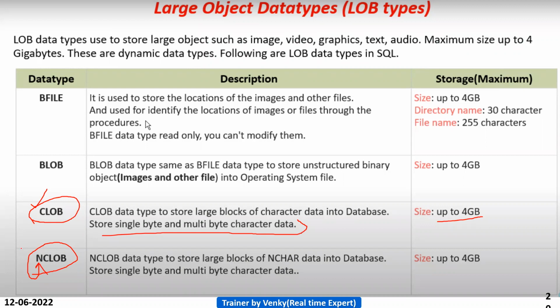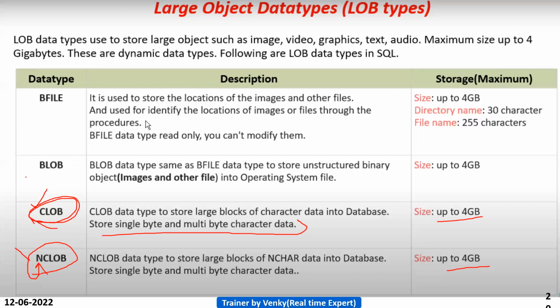By default, how they have developed, we can use only the English language, right? If you want to store other languages along with English, then you have to go for the NCLOB, national character large objects. Okay, so this is also up to 4 GB. So now if you want to store more than 4000 bytes in character data, then you have to choose the CLOB, character large object.